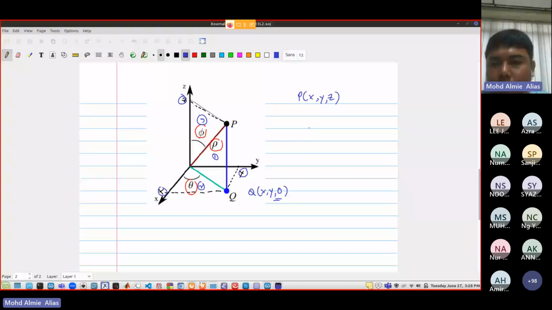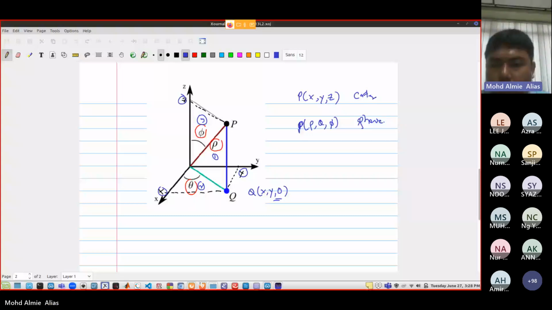Okay, so here, this is Cartesian or rectangular. And here you have rho, and this is P, this is rho, and theta, and phi, and this is spherical.